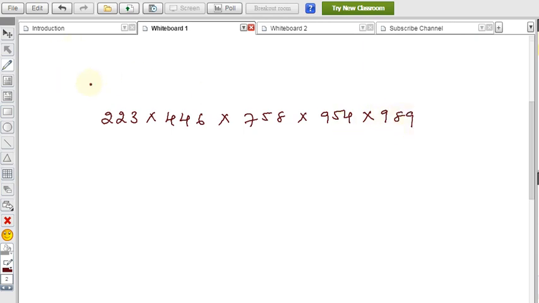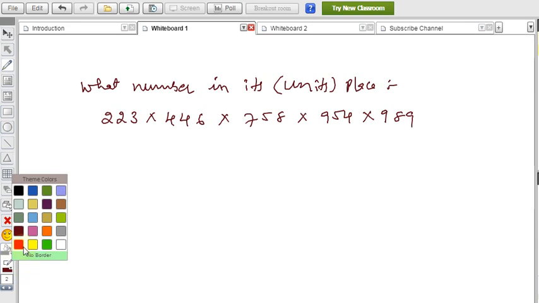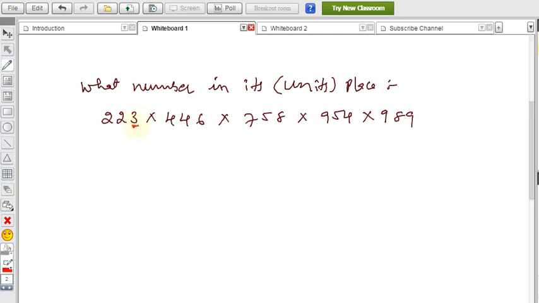So what number is in the units place? We are going to check now. According to the method, we have to check only the units places. That is 3, 6, 8, 4 and 9. So you can start multiplying from here.